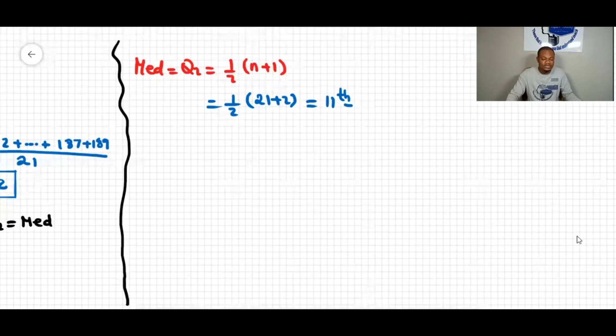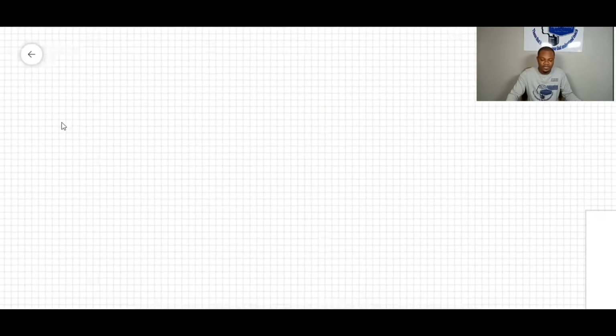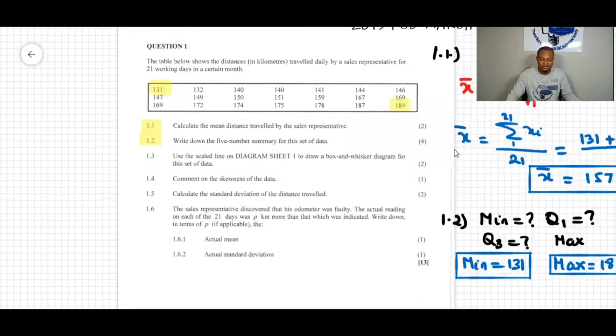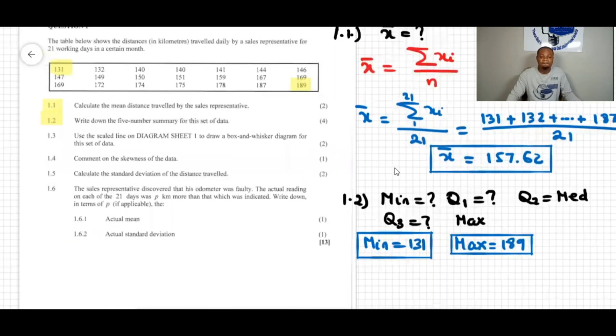Now we're going to look at the data set here and see what is the 11th value. So we count over here. I already know that the first row has 7 data. In this third row, that's going to be 8, 9, and then 10.